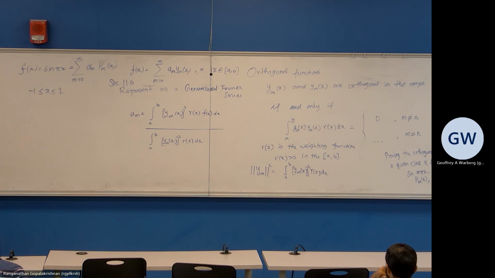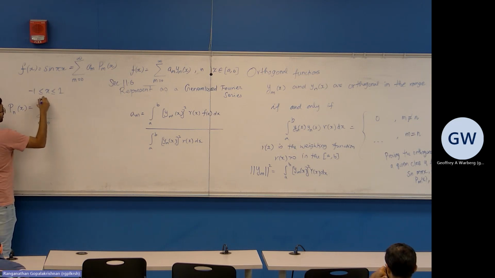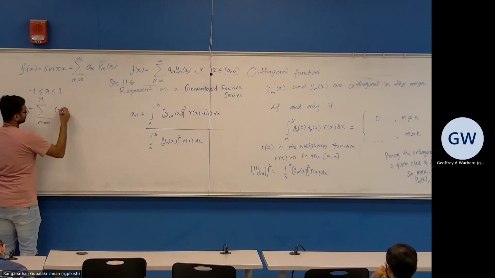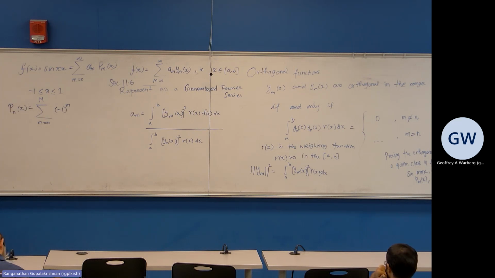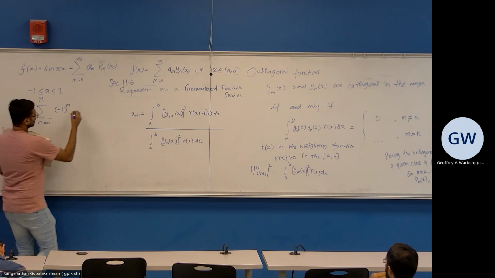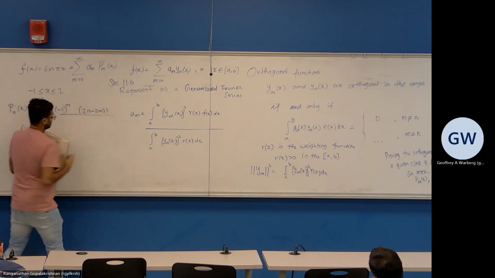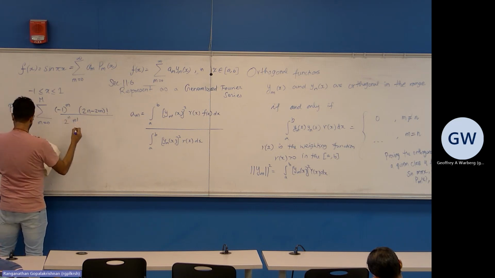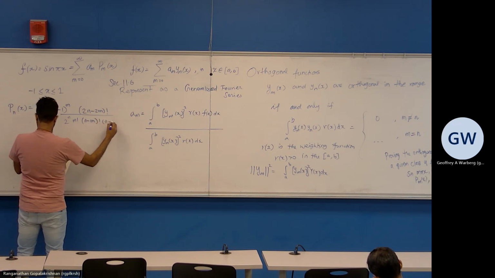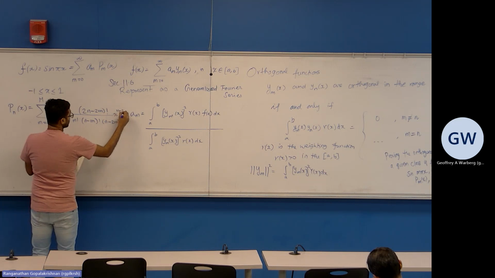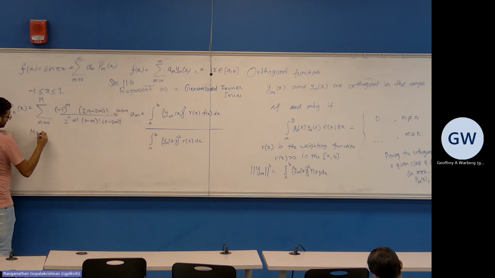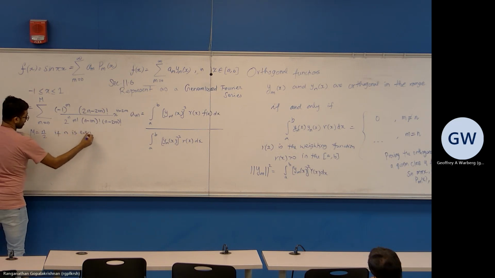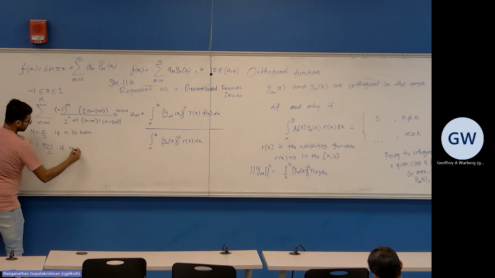So for reference, the Legendre polynomial of order n is the sum from m equal to 0 to uppercase M of (-1) power m times (2n minus 2m) factorial divided by 2 power n, m factorial, (n minus m) factorial, (n minus 2m) factorial, times x power n minus 2m, where uppercase M equals n by 2 if n is even, and (n minus 1) divided by 2 if n is odd.